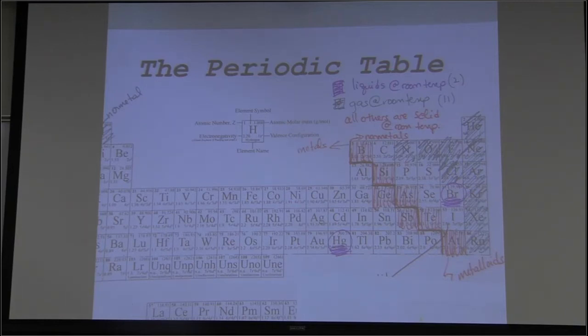Straight nonmetals, not a metalloid, but straight nonmetals. Carbon is one. Boron is what? A metalloid. Boron is a metalloid. So who are the nonmetals that are solid at room temperature? Carbon, phosphorus, sulfur, selenium, and iodine.